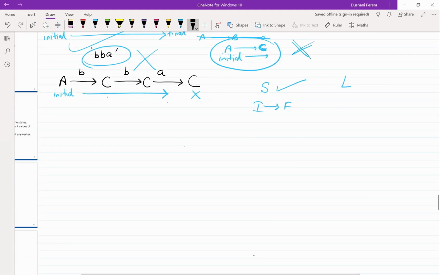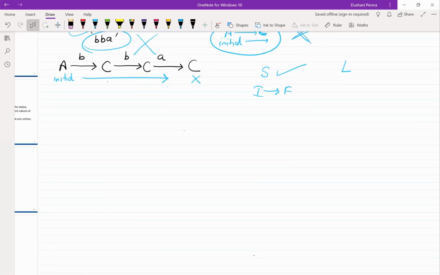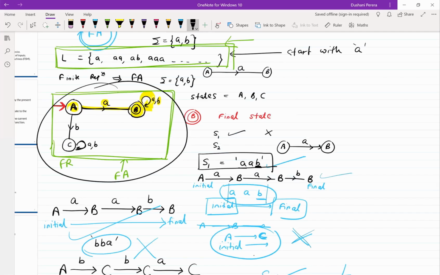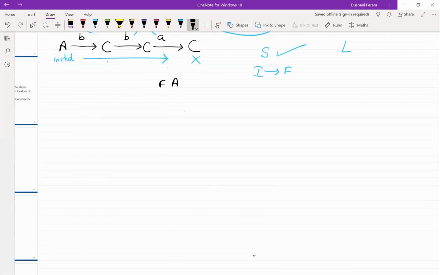Now we are going to classify these finite automatas or finite representations. Finite state machines, any one of them. So finite automata has two main classifications.